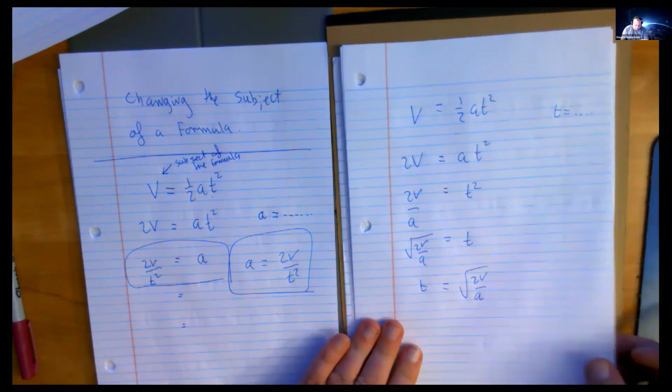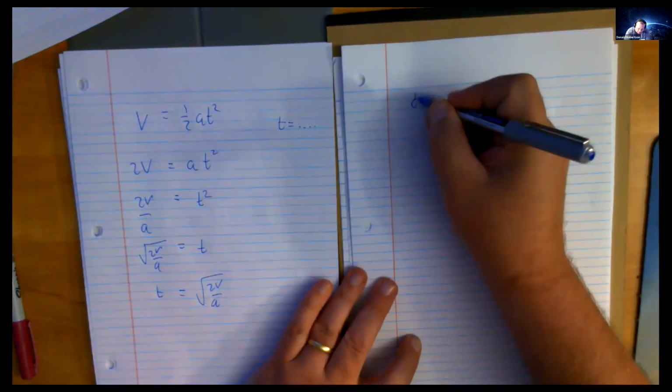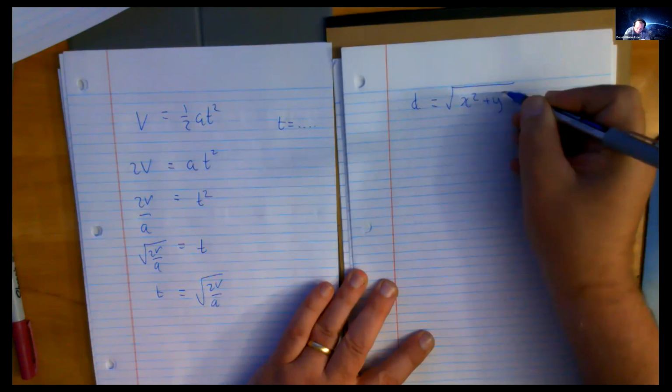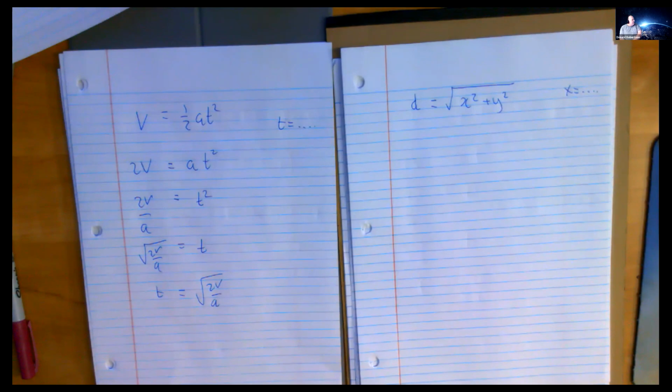Right. So let's try a formula where little d is equal to the square root of x squared plus y squared. And we're being asked to change the formula to x. So right now the subject of the formula is d, like in Donald, but now we're going to make it an x.